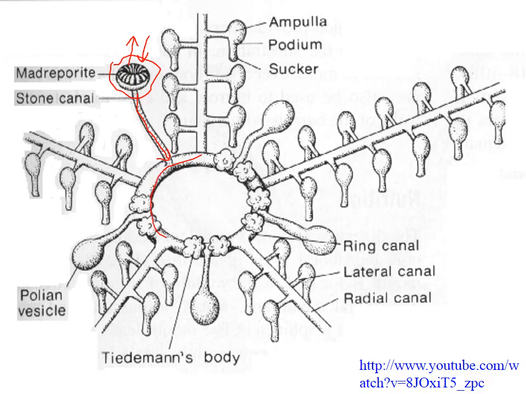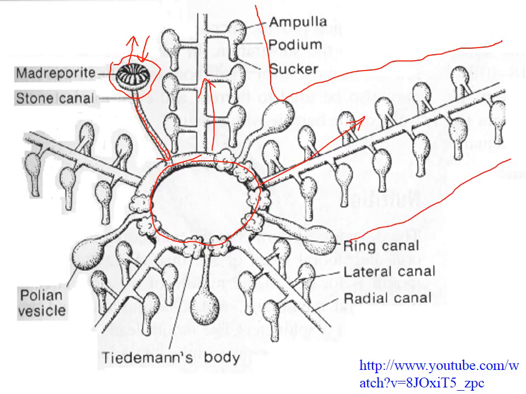There's the ring canal that goes around like a donut in the central area of the body, leading out to each of the arms: 1, 2, 3, 4, 5. If we draw something like this around it, you can see the shape of the starfish, of each of the arms.